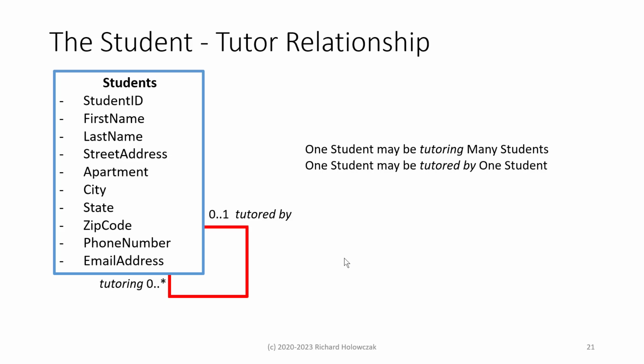You don't have to go for help. That's why the first minimum cardinality here is a 0. If you do want help, at most you can work with one other student. Of course, we could probably expand this further, and I'm not going to show you an example of it, but just imagine that we wanted to expand this to include something like the subject that is going to be tutored.